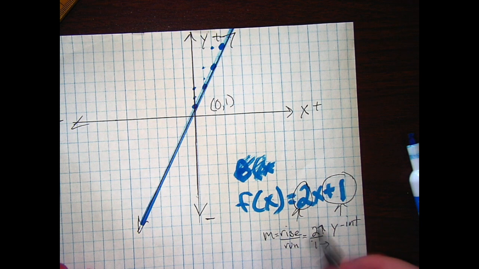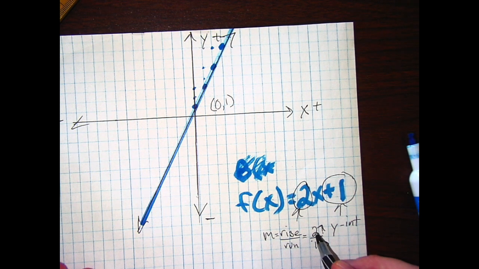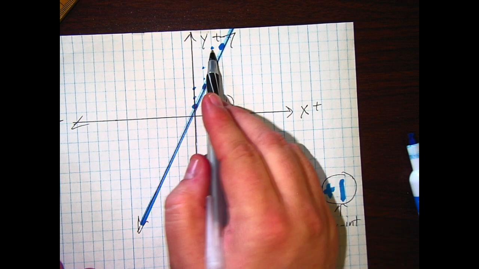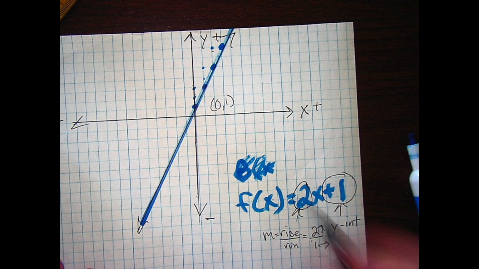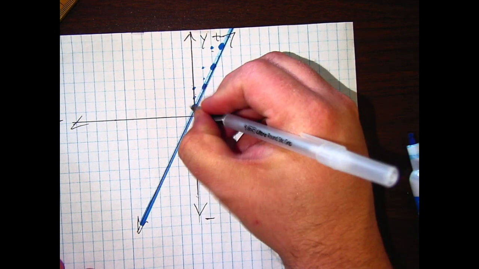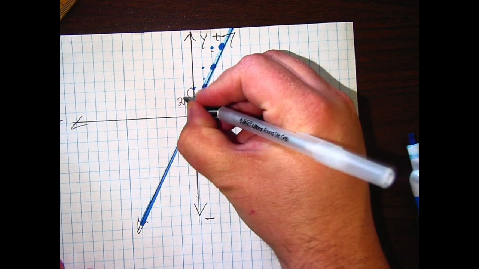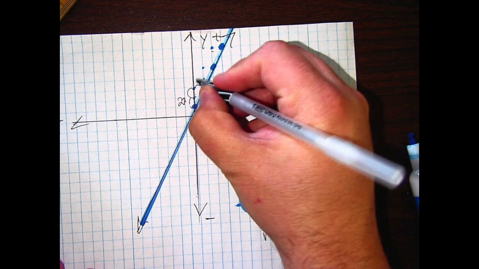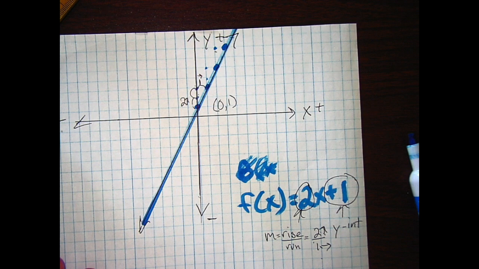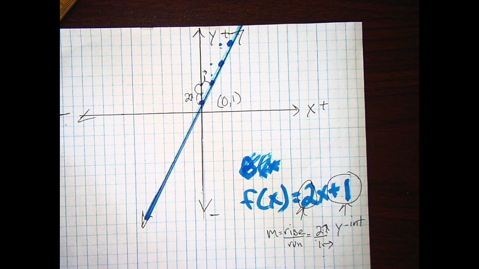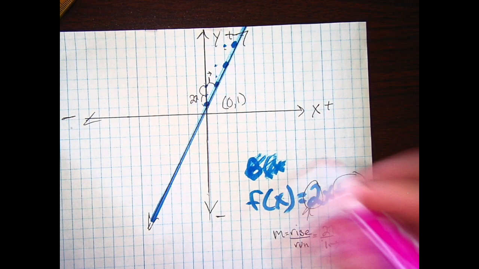Because the slope is 2, which can be rewritten as 2 over 1. The positive 2 means we go up 2 units, and the positive 1 means that we go over 1. Does that make sense?